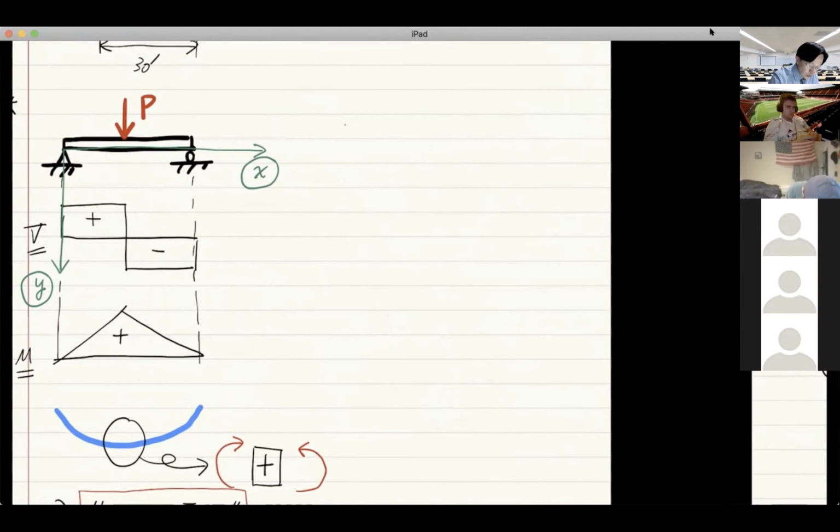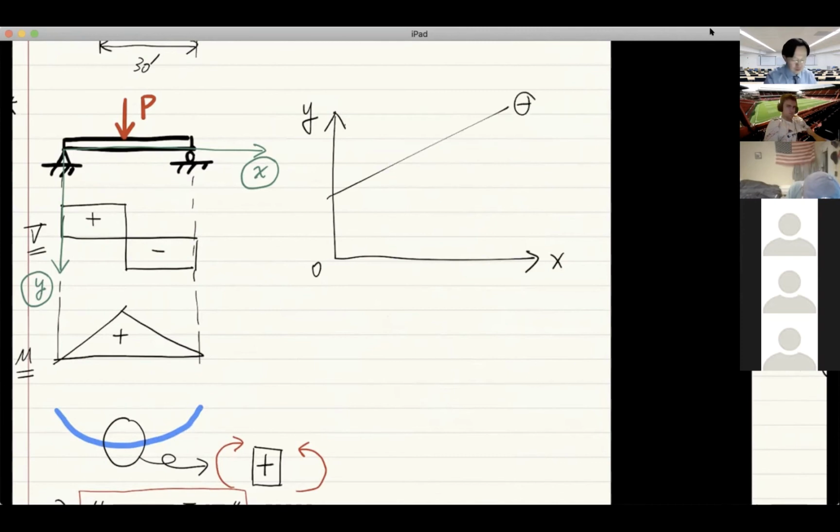You don't have to erase your figures. You just have to make simple changes. For me, I like to start with everything. This is our x, this is our y. This is positive, obviously, and the other one is negative. To make positive curvature, you're going to start with a positive slope.